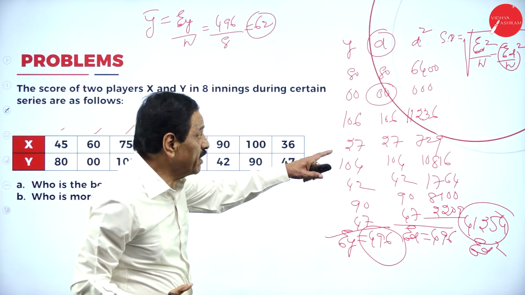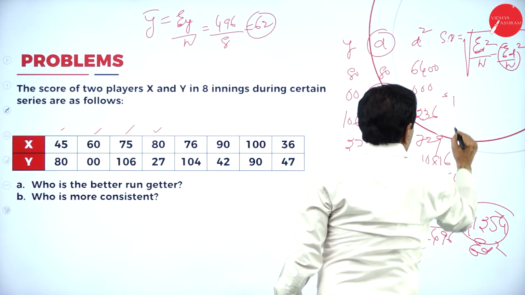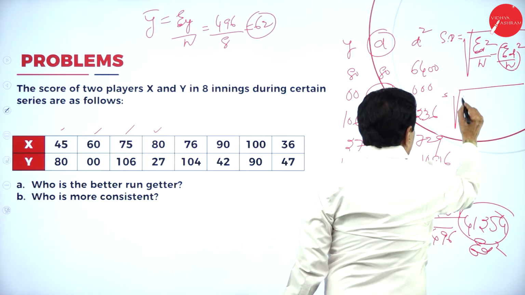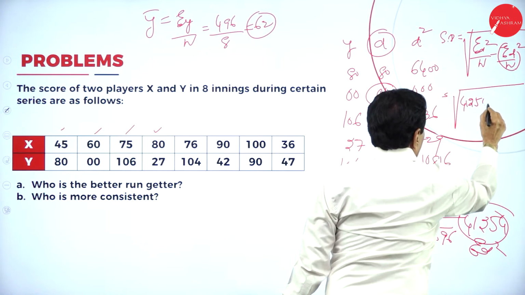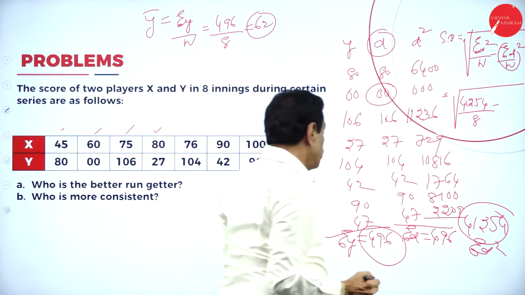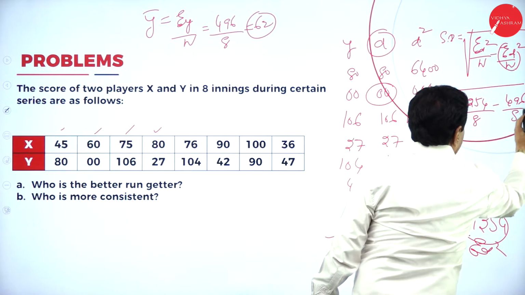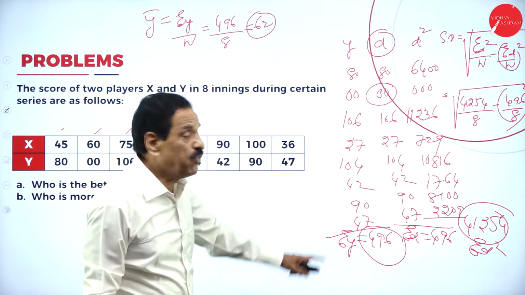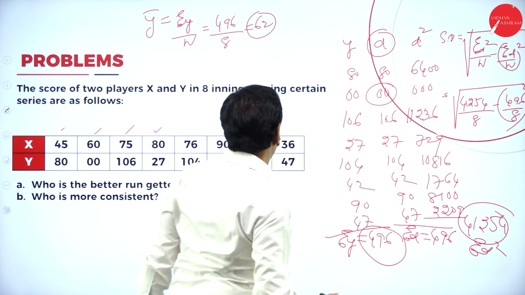What is sigma D square here? 41,254. Number of items is 8. What is your sigma D? 496 divided by 8, whole square.